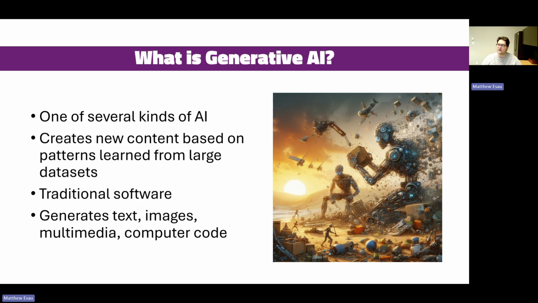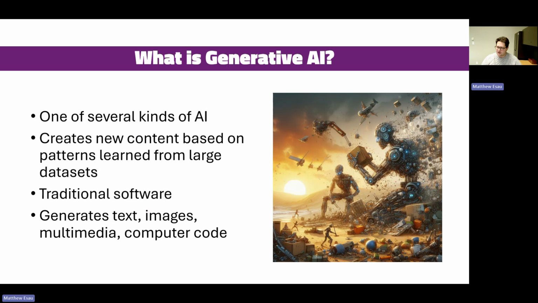What it does that is not the same as other types or more traditional software is it creates new content, content that has not existed previously. And it does this by looking at patterns that it's learned from examining really, really big data sets. So some of them are trained on the internet or Reddit or something like that. Just massive sets of data where it can kind of analyze it mathematically and find patterns that it can follow.